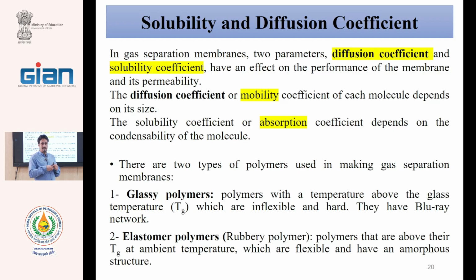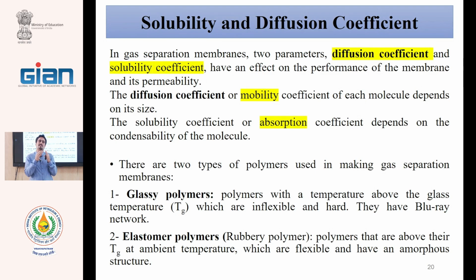That means we have many chains, and these chains can move easily together and are flexible. No hard interaction between the chains. But in glassy polymers, we have a rigid, non-flexible, hard polymer. That means we have hard and strong interactions between the chains, and the movement of the chains is very, very low.